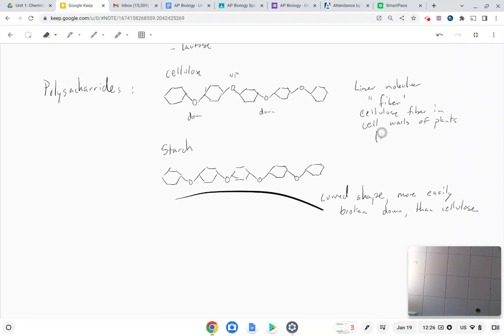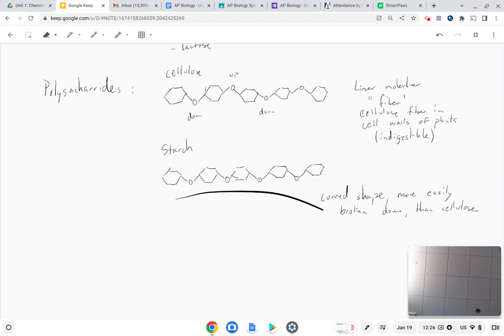In fact, cellulose, I'm going to add this. Cellulose is indigestible. So have you guys ever heard of dietary fiber before? Like if you look at the ingredients on the back of, or the nutritional facts, you might see something called dietary fiber. And what that's referring to is cellulose. And when the cellulose is in your digestive tract, it is indigestible.